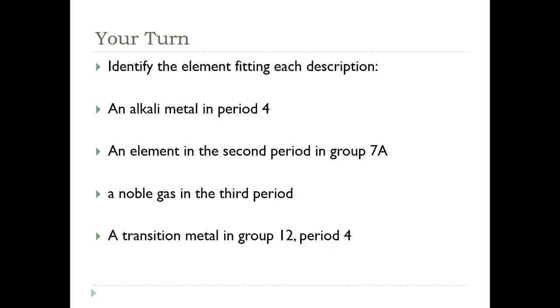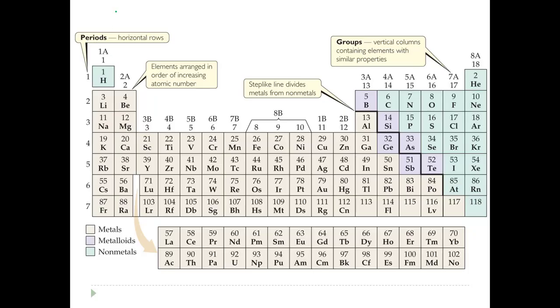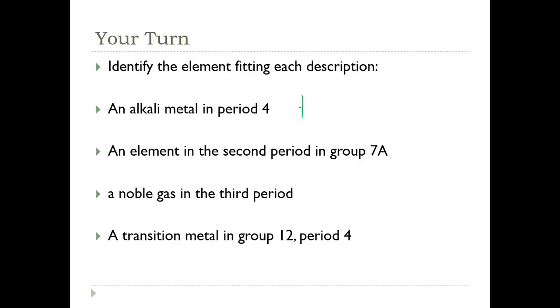Okay, the first one, an alkali metal in period 4. Group 1 are the alkali metals, and in period 4, that would be K, which is potassium. And hopefully you're starting to recognize the symbols of the elements.